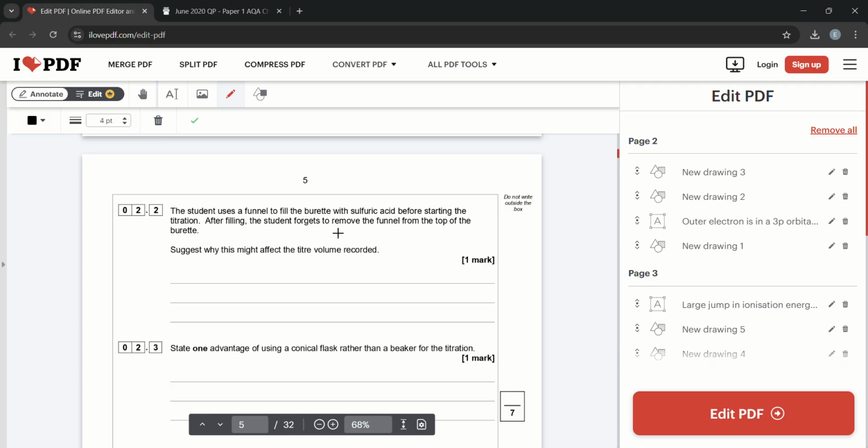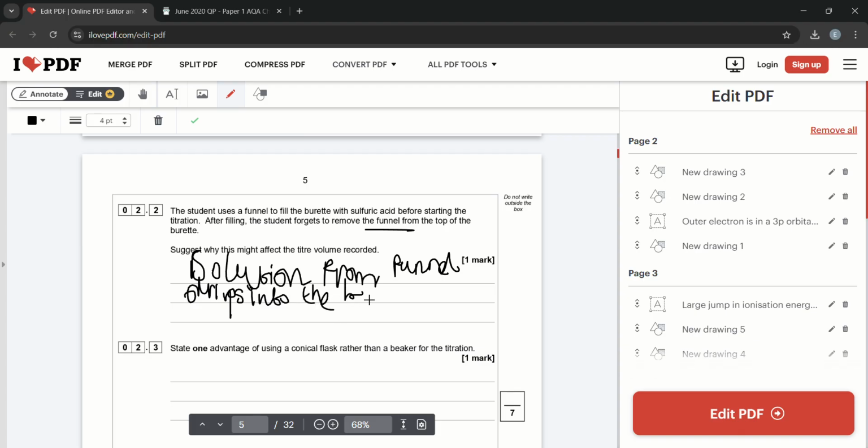if the student forgets to remove the funnel, what's going to happen is that the solution from the funnel drips into the burette.